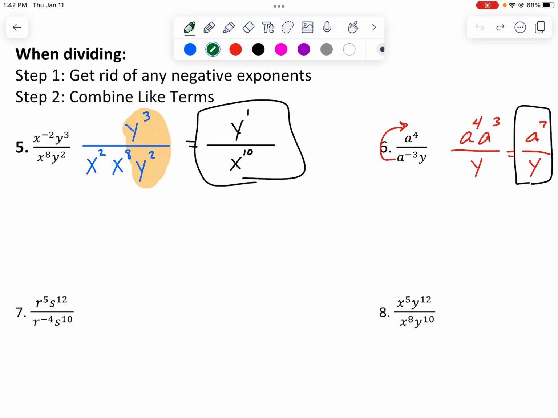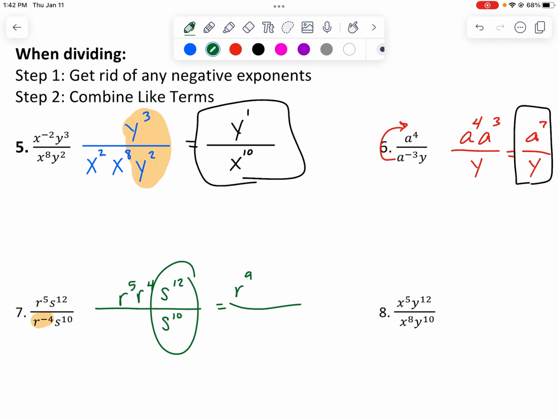Again, identify your negative exponent on 7. R to the 5th was okay. R to the 4th had to move. S to the 12th was okay. S to the 10th was also okay. For the r's, I see multiplying, so I really have to add. For the s's, I see division.